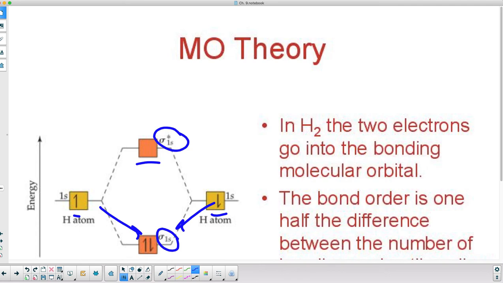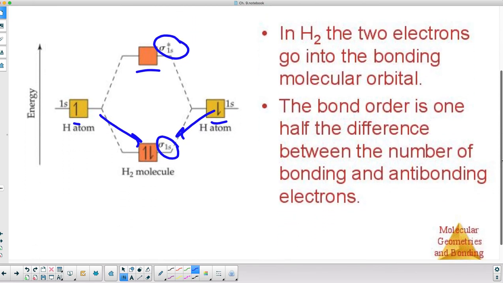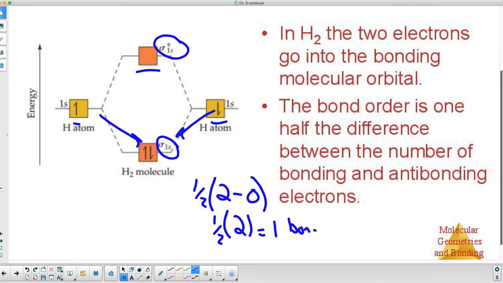So with two electrons going into the bonding molecular orbital, the bond order is half the difference between the number of bonding and anti-bonding electrons. I don't know why they make this so complicated. So I have 1/2 times the number of bonding electrons, which is 2, minus the anti-bonding electrons, which is 0, which means that I have 2 times 1/2 equals 1 bond.